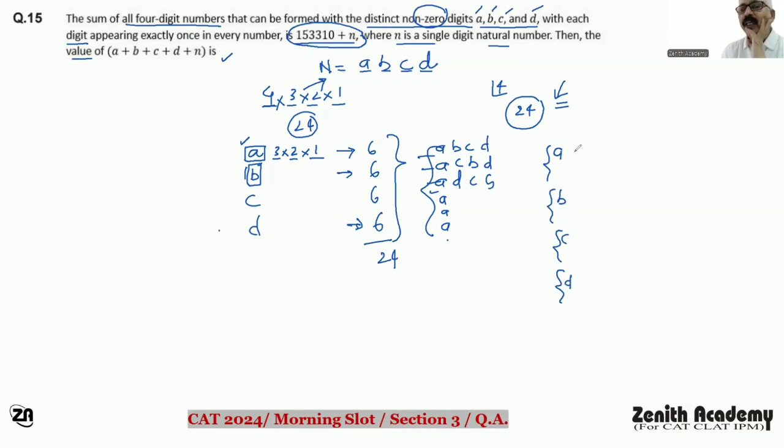So in each column, like 1, 2, 3, 4, you will have 4 columns for the numbers.